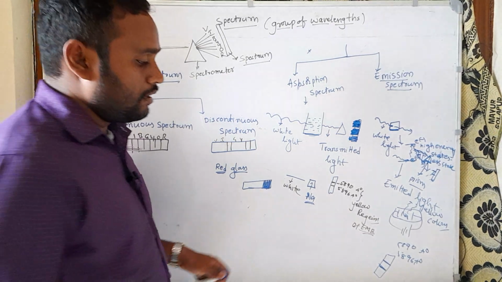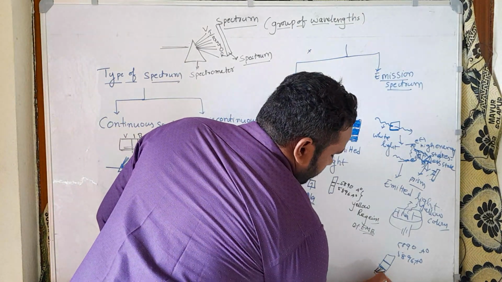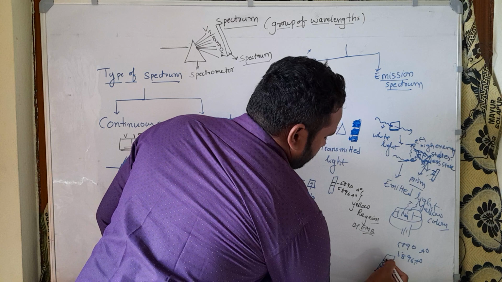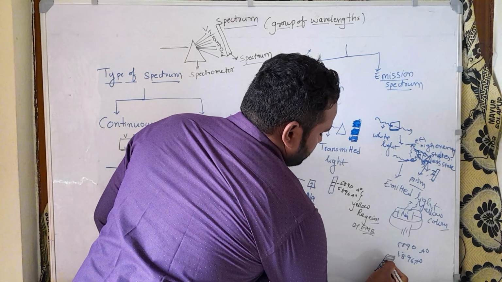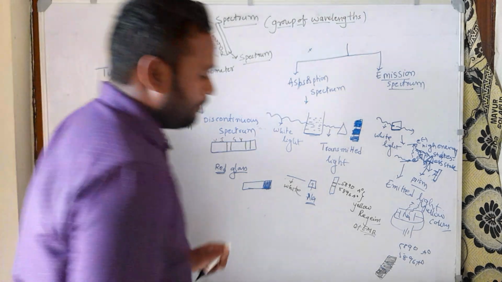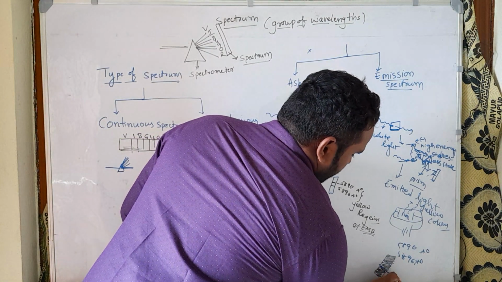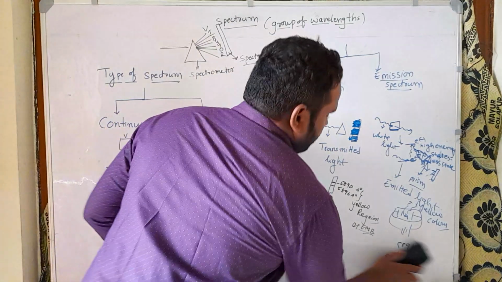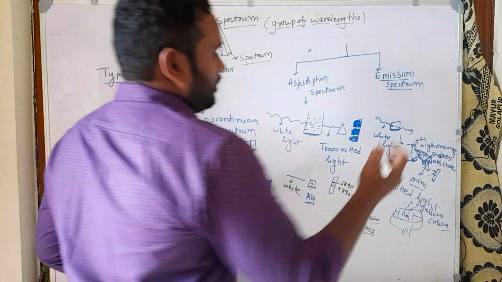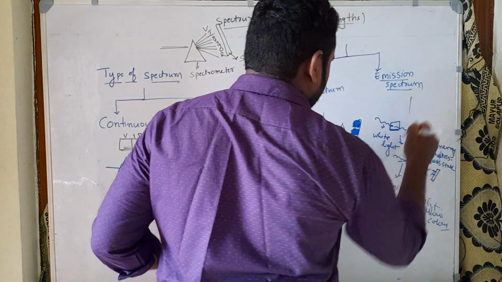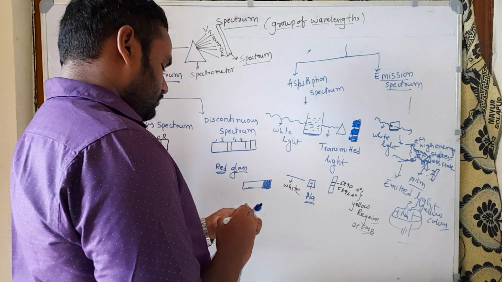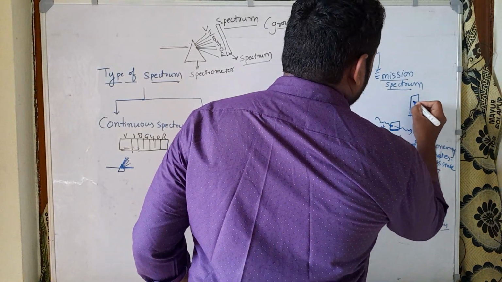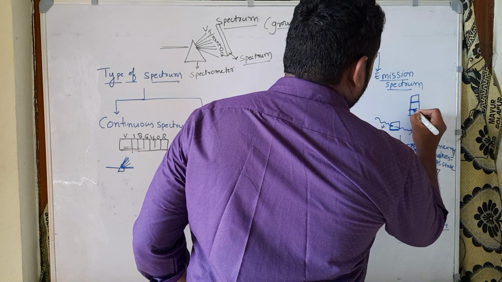This is all black background, and these two are what? Bright lines. These are the two bright lines on a black background. So when you pass a light through sodium, we are getting a spectrum like this, bright lines over a black background.